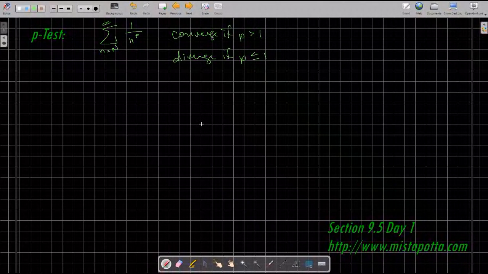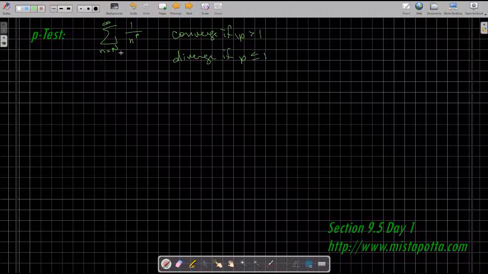So this is really nice because I know that if I was going to integrate this, I'm going to make this a negative exponent and then try and add 1 to it. Now, if this is already bigger than 1, I'm going to have an exponent that's smaller than the negative 1, and adding 1 to it is going to keep it negative.